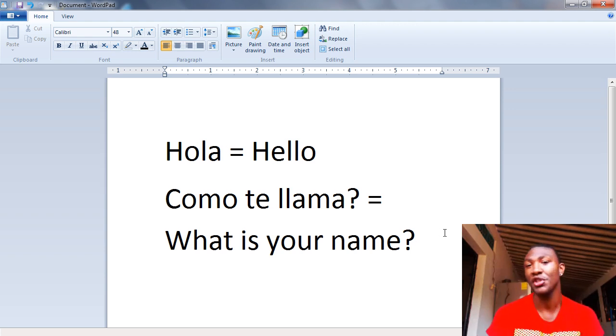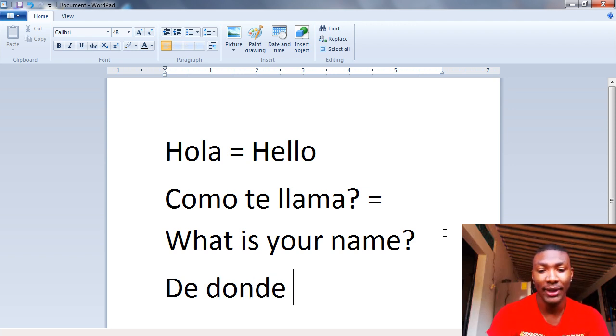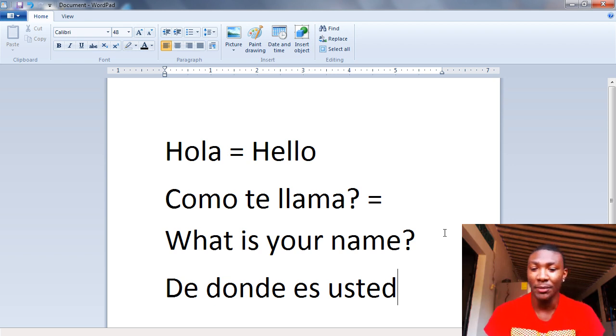So the next question you want to ask them is where they are from. The formal version is ¿De dónde es usted? Now, when we break down these words into syllables, if you practice these syllables, Spanish is so easy.